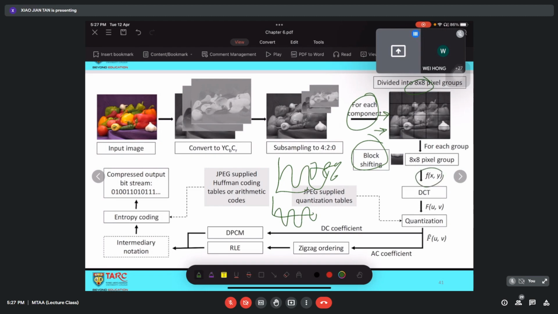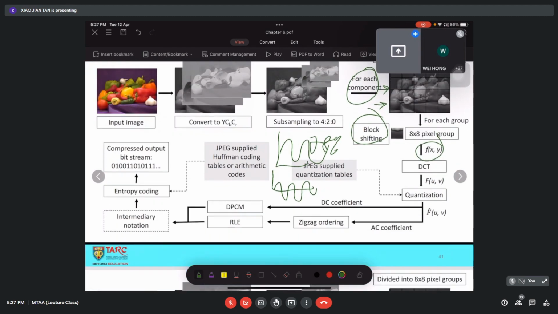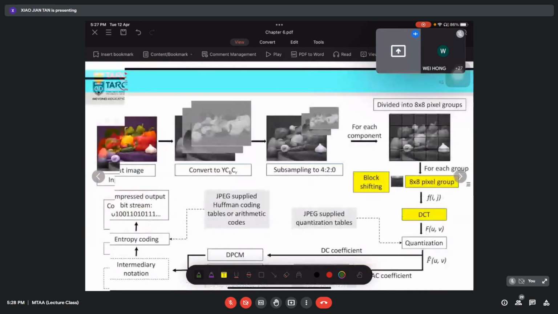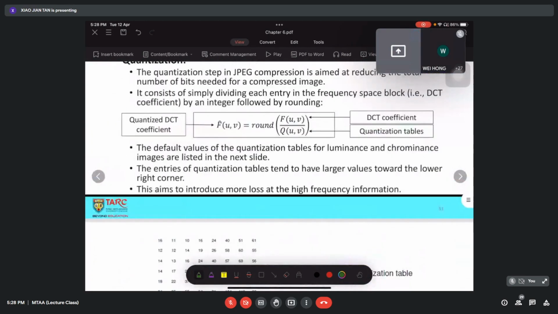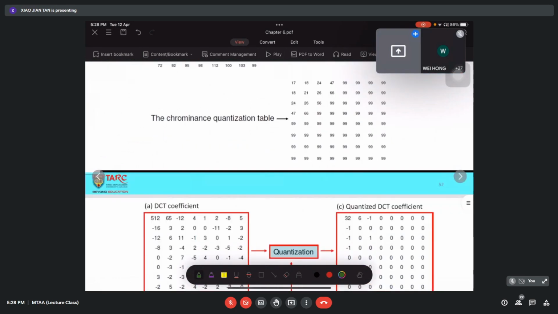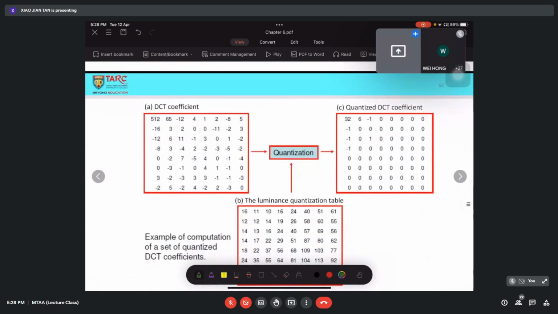Later on you perform the DCT. After the DCT, you get the DCT coefficients. From here, you need to perform the quantization. The quantization table is provided by JPEG, and it will be provided to you. You simply divide by the number from the table.